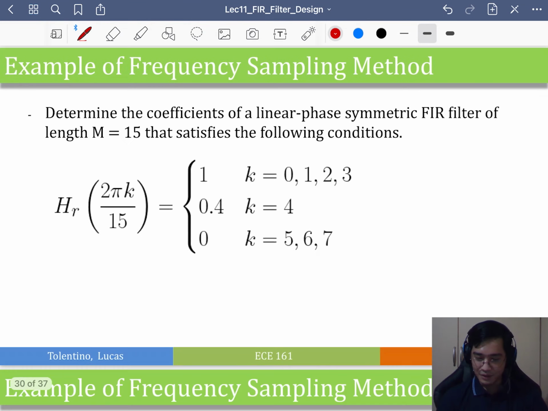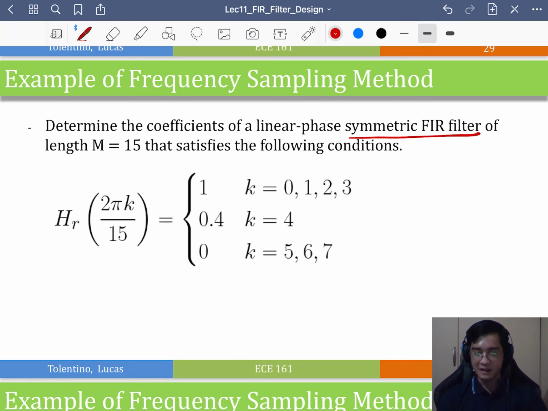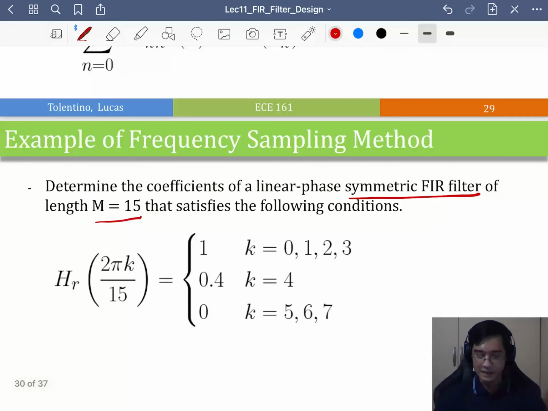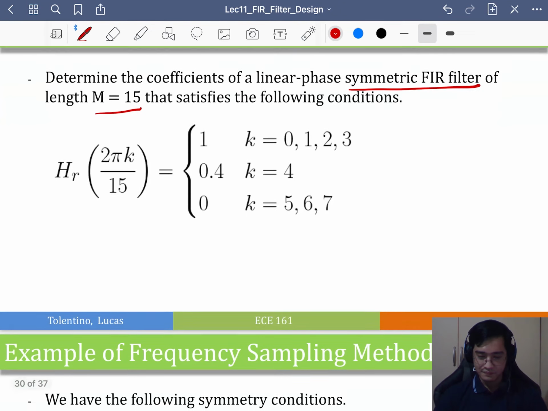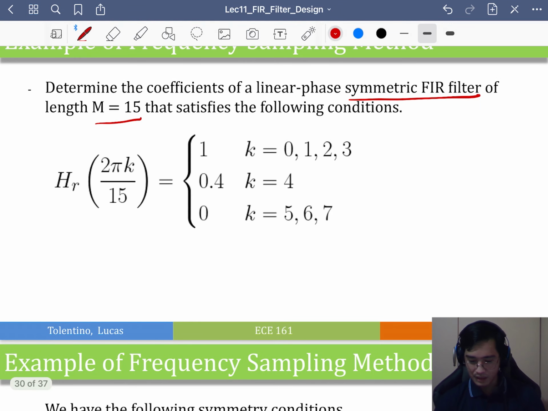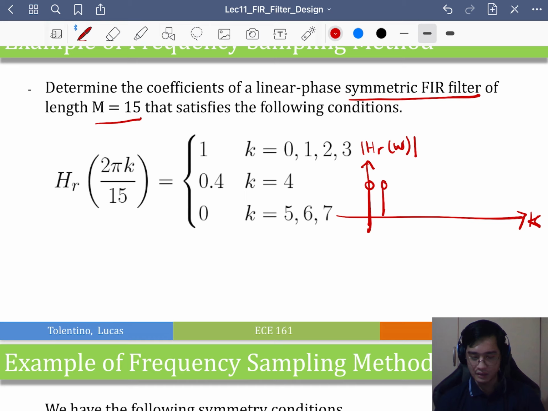So for example, we want to design a symmetric FIR filter. M is odd, length M is 15, satisfying the following conditions. If you want to draw the frequency response, for example, this is K. We have something at 0, 1, 2, 3, and then I think this defines the cutoff frequency.